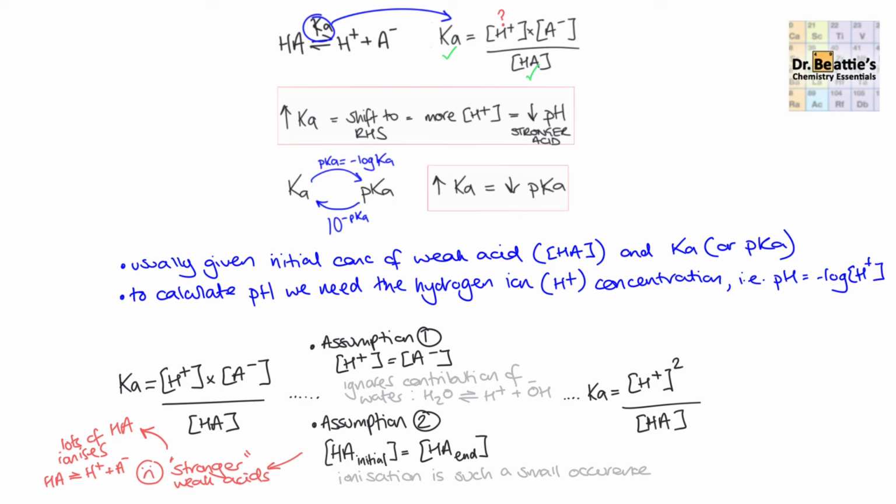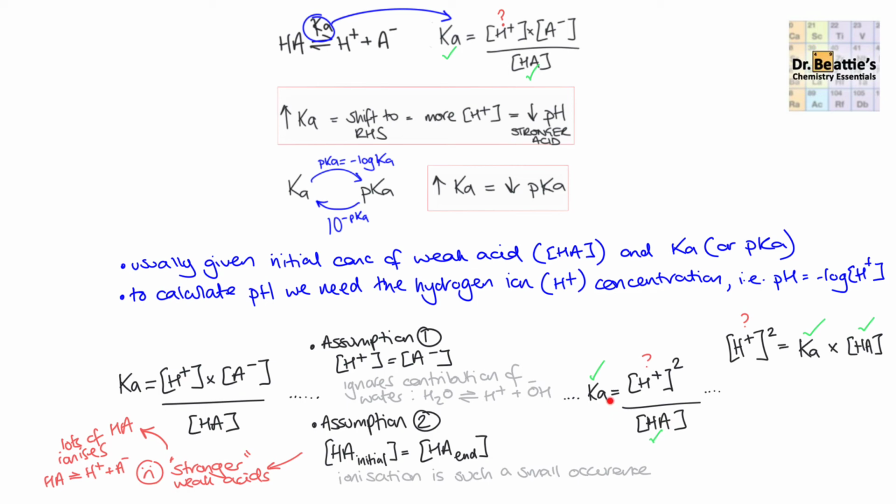Because as I said, you're given the weak acid initial concentration, you're given some sort of information, whether it be Ka directly or the pKa, and so we can rearrange this to get H plus as a term. And when we do, we get this form of the equation. H plus squared, the thing we need to work out to get pH, is Ka times HA.